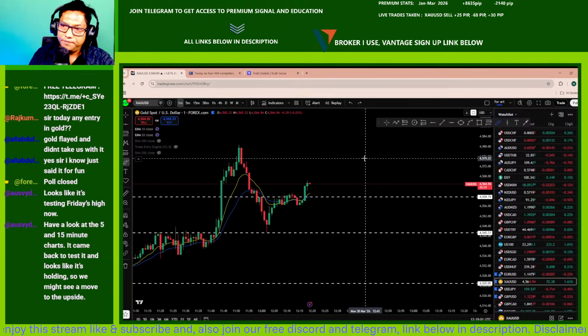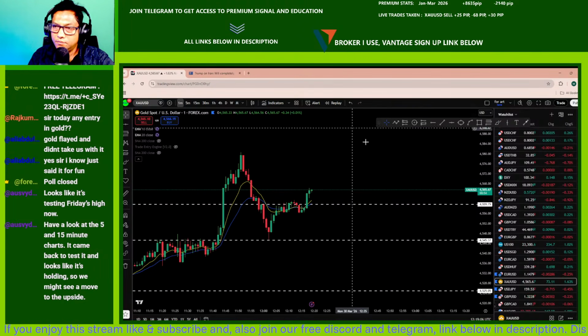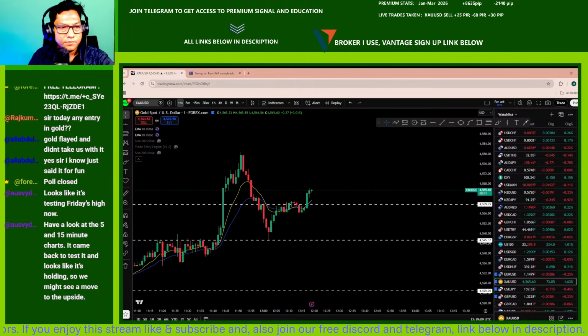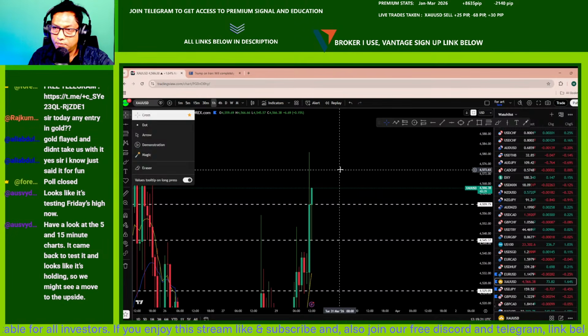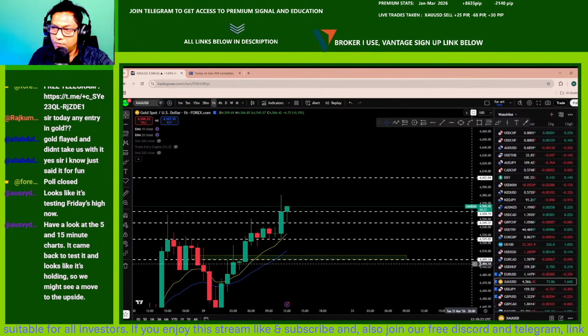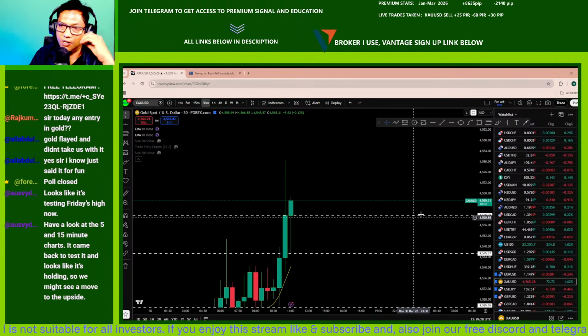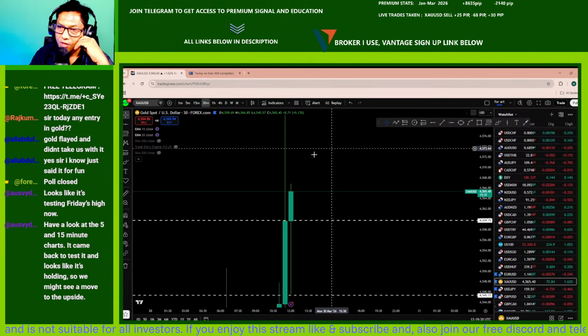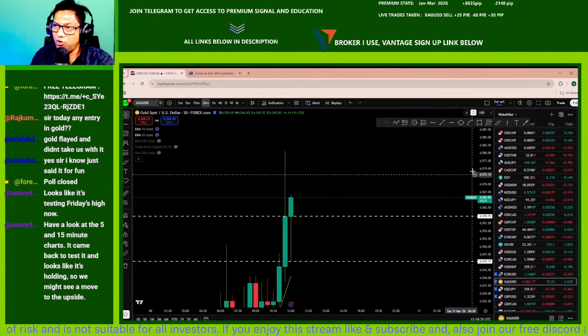Resistance turns support, where we can see that there is a trend going on. Here is a bullish engulfer that has created off this support, trying to break back to the upside.